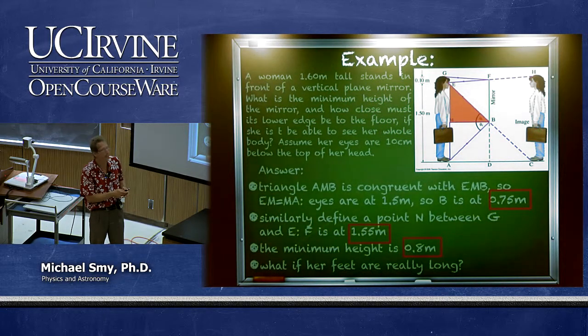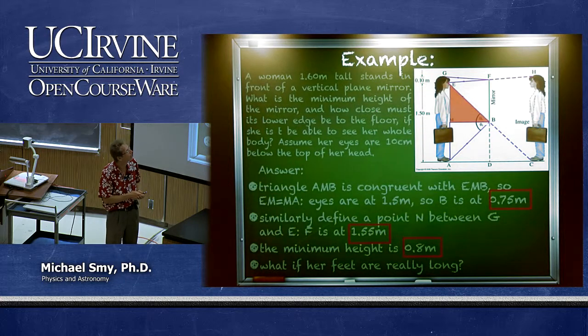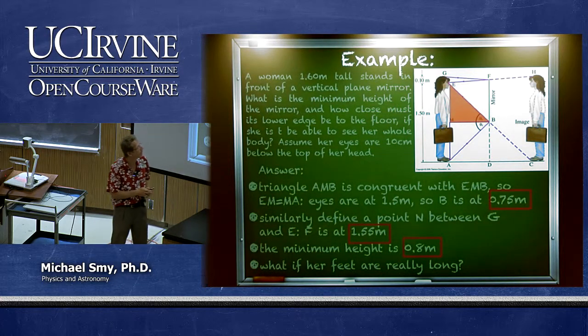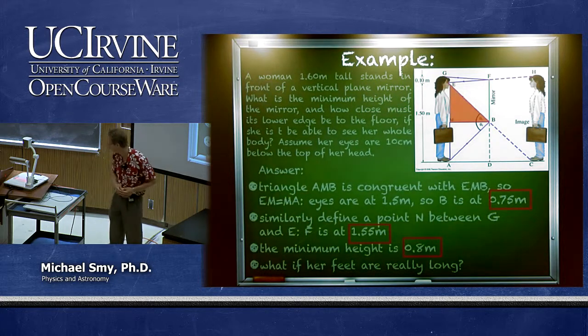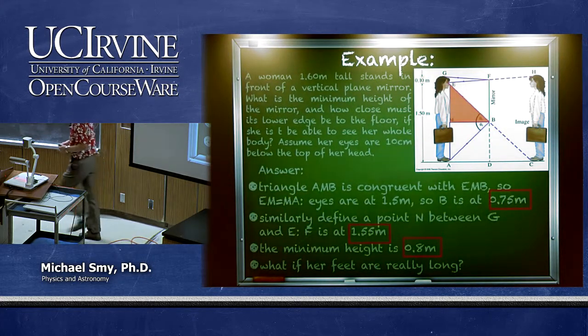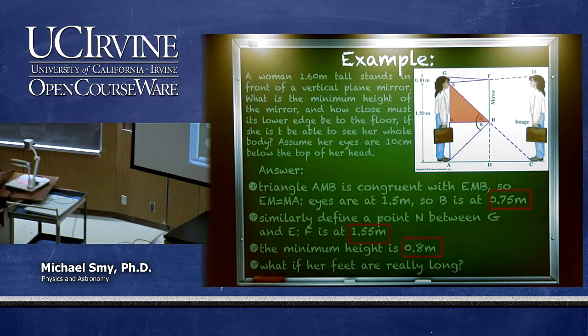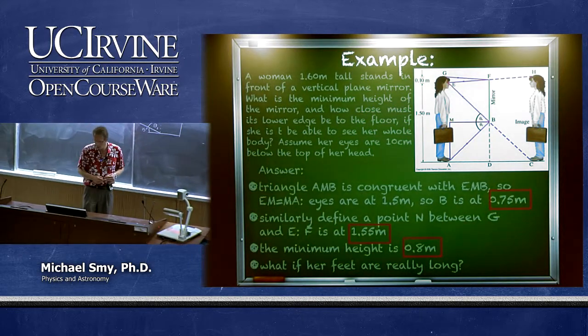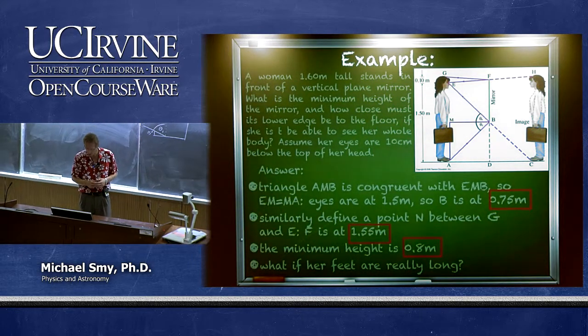These two angles are right angles and are therefore equal to each other. And they share one side. So we have two angles on one side, and that means that the triangles have to be congruent. And if they are congruent, that means that the distance from A to M must be the same as the distance from M to E.